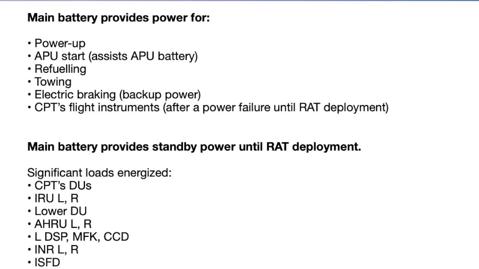Main battery provides power to captain and first officer's bus until the RAT is deployed, but only the captain's instruments and displays, and not the first officer's, are powered during this phase.